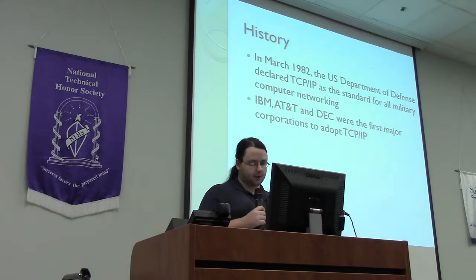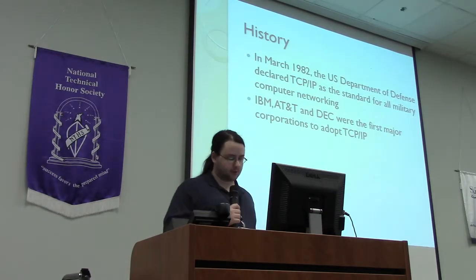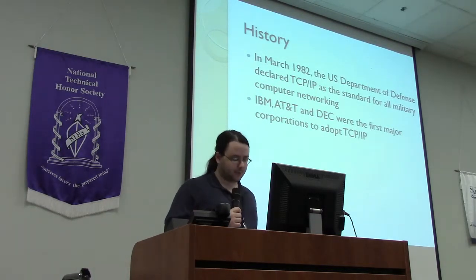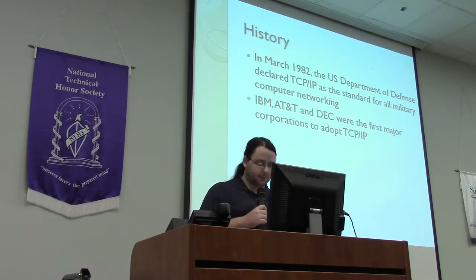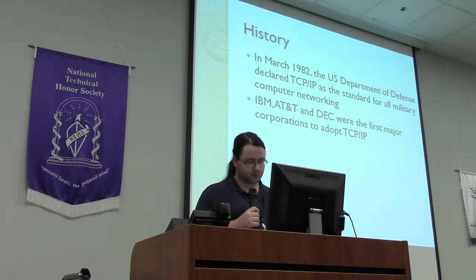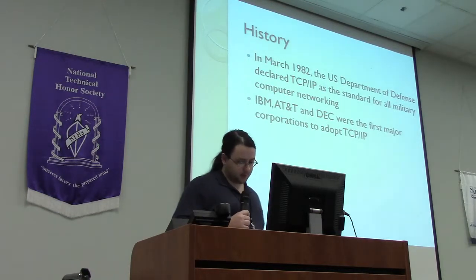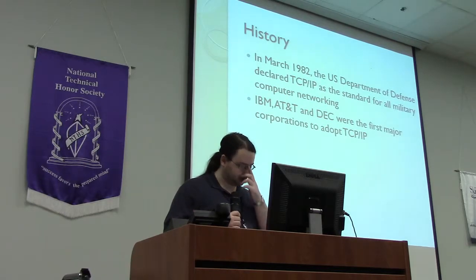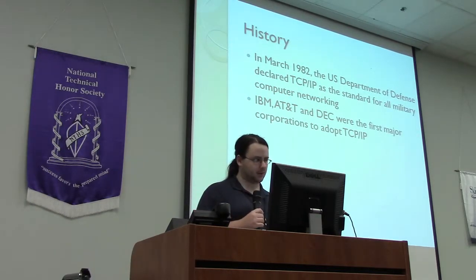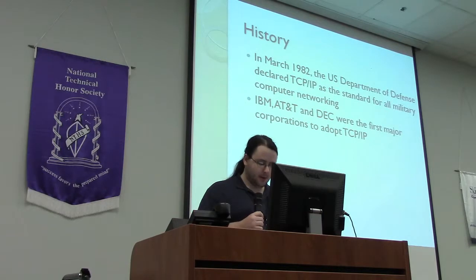In 1985, the Internet Advisory Board, later renamed the Internet Architecture Board, held a 3-day workshop on TCP/IP for the computer industry, attended by 250 vendor representatives, promoting the protocol and leading to its increasing commercial use. IBM, AT&T, and DEC were the first major corporations to adopt TCP/IP, despite having competing internet protocols.